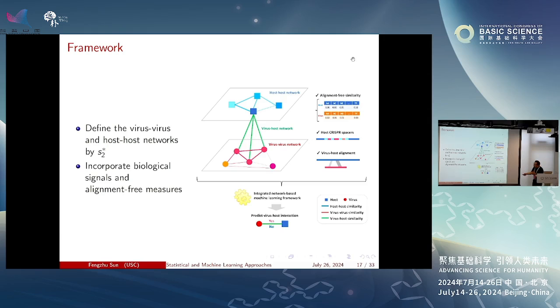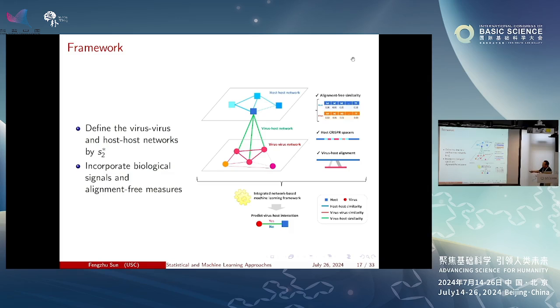That's the method that we use. And then for the bottom layer, that's the viruses. And similarly, you can measure the similarity between the viruses using the S2 star.